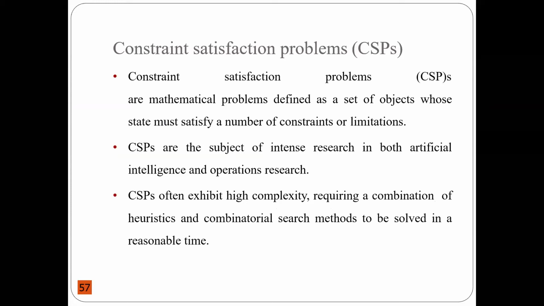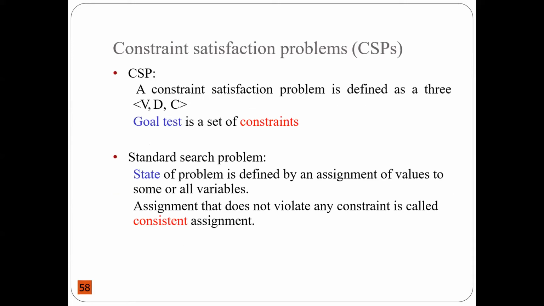CSPs are the subject of intense research in both artificial intelligence and operations research. CSPs often exhibit high complexity, requiring a combination of heuristic and combinatorial search methods to solve in a reasonable time.